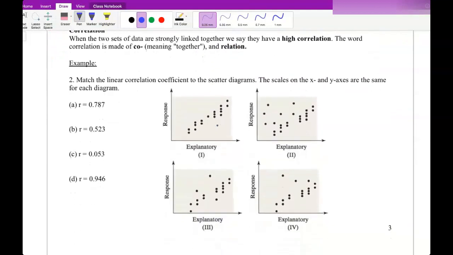Okay, now here we have an example. Match the linear correlation coefficient to these scatter diagrams. The scales on the x and y axis are the same for each diagram. Okay, so if I try to draw a straight line, I'm going to draw that again.